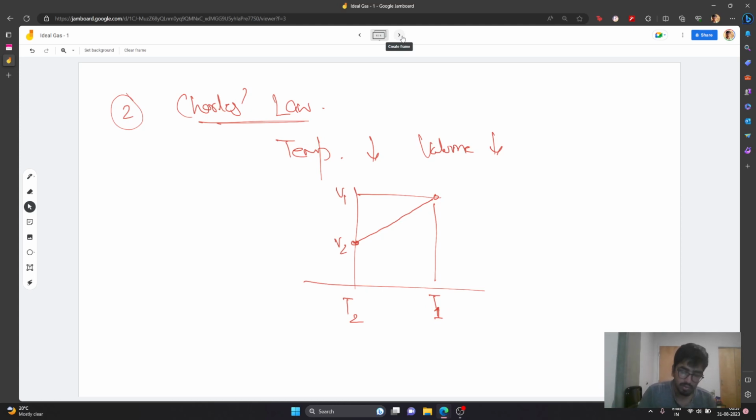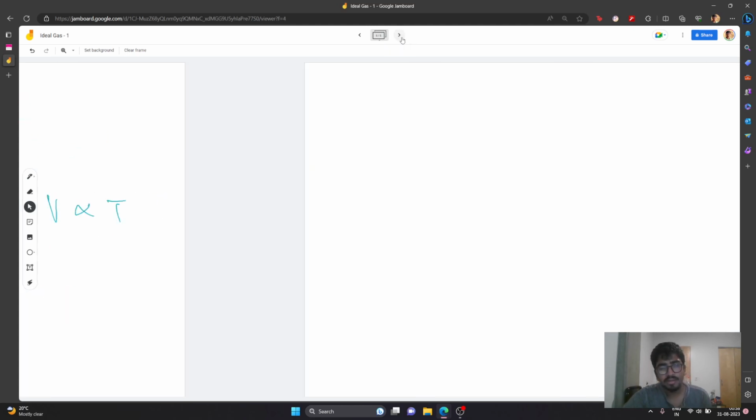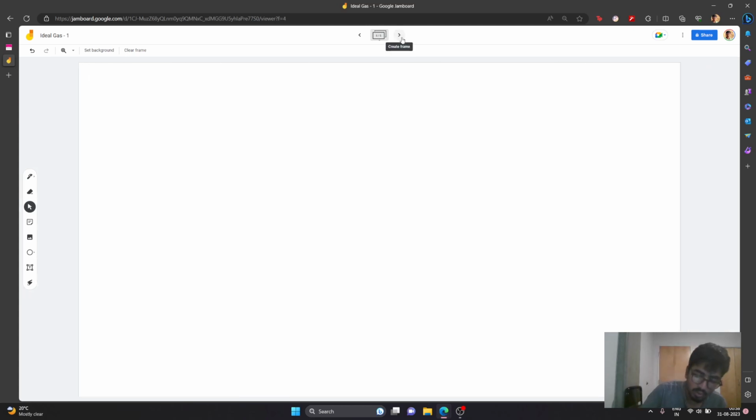He also quantified that relation, saying that volume is directly proportional to temperature, right? There are two things here. First, we can try to combine this with what we know already.